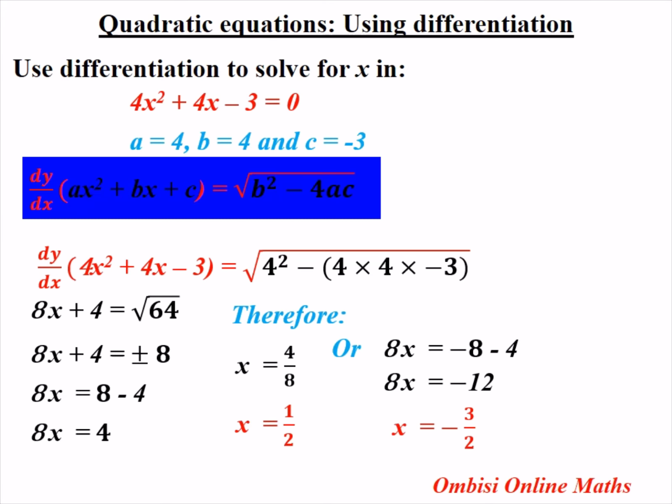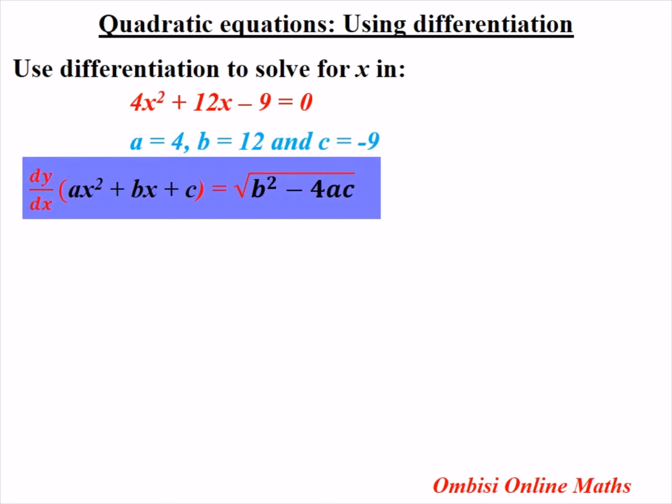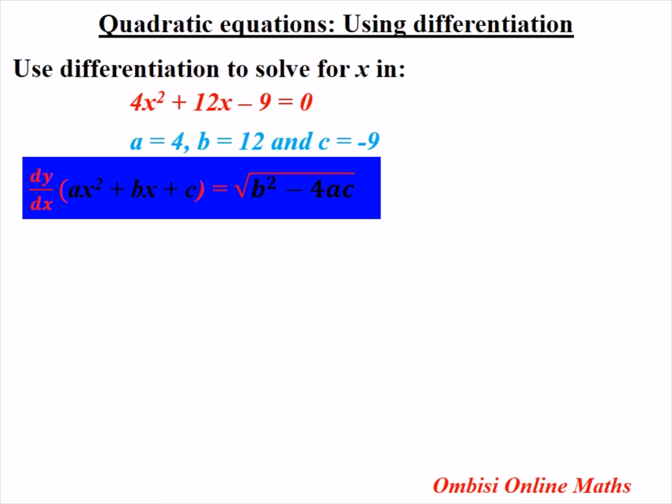We can look at another example also: 4x squared plus 12x minus 9 equals 0. Going ahead, you extract the variables a, b, c. So a is 4, b is 12, and c is negative 9. Recall the formula that the derivative of ax squared plus bx plus c should give us the root of the discriminant.